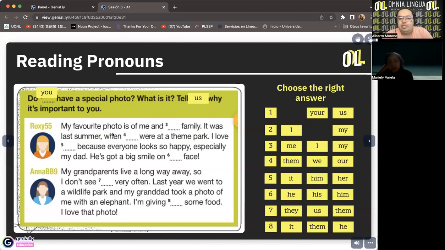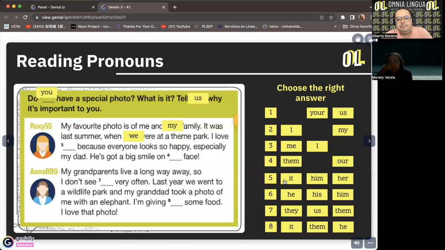Then it says, my favorite photo is of me and my family. It was last summer when we were at the theme park.